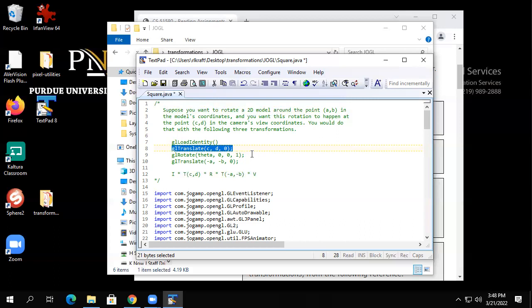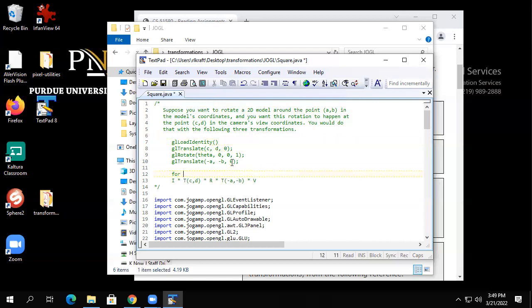But the vertex is still defined before that, right? Yeah, all the vertices. This is really going to be put in a for loop. There's going to be a for loop here. Over here, it's going to say for vertex V in model.